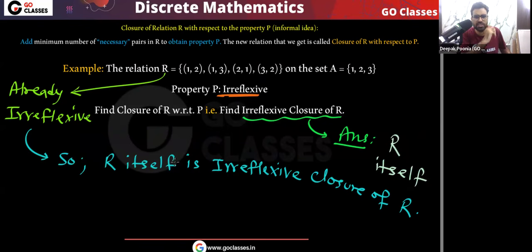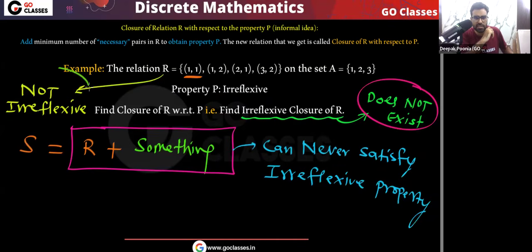One more interesting thing you notice here. If the relation already satisfies the irreflexive property, then irreflexive closure exists, the relation itself. But if the relation does not satisfy the irreflexive property, then irreflexive closure does not exist. At the end also, I will come back to this point, so you don't have to write it right now.